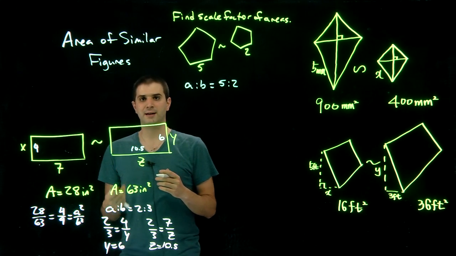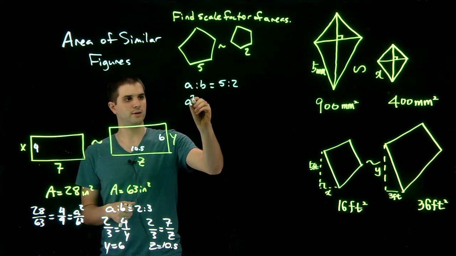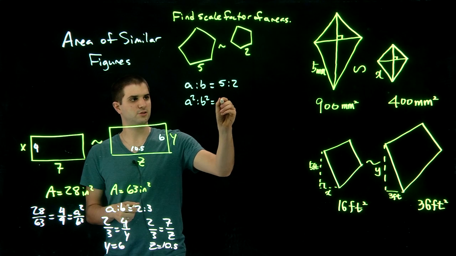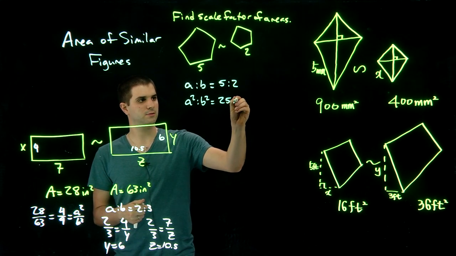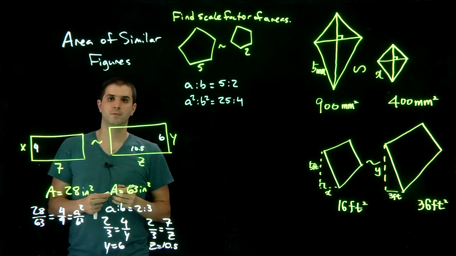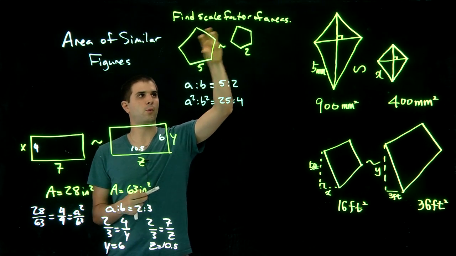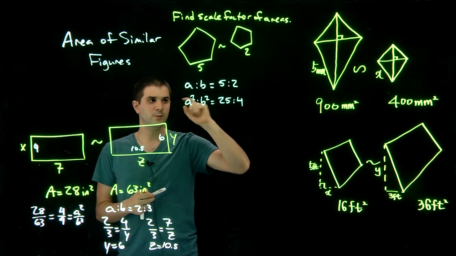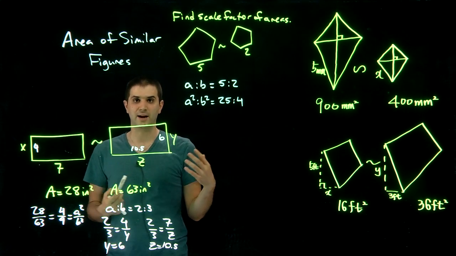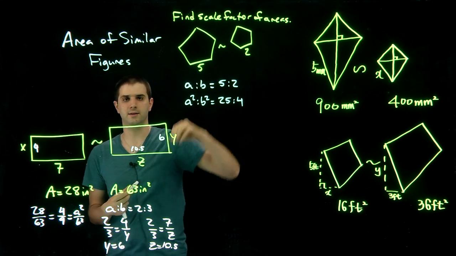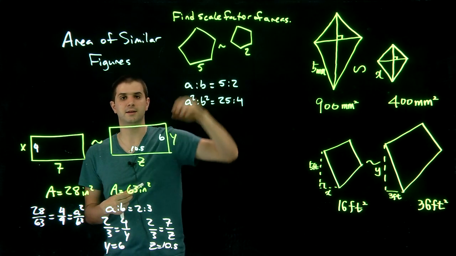So the scale factor of the areas, a squared to b squared, is going to equal 25 to 4. So it looks like the area of this is in proportion to this, 25 to 4, a little bit more than 6 times as much area.